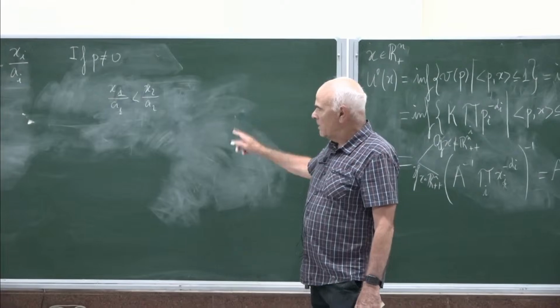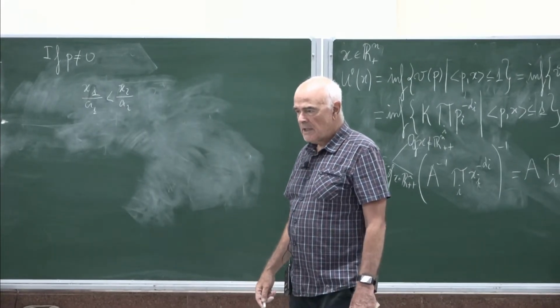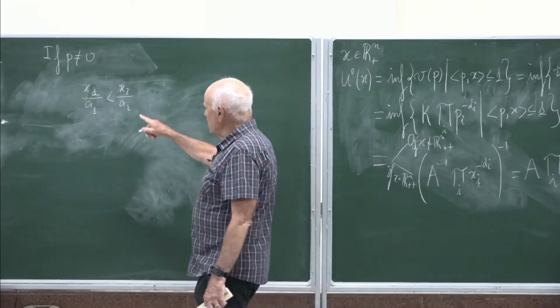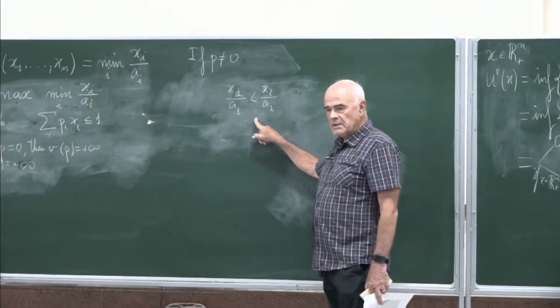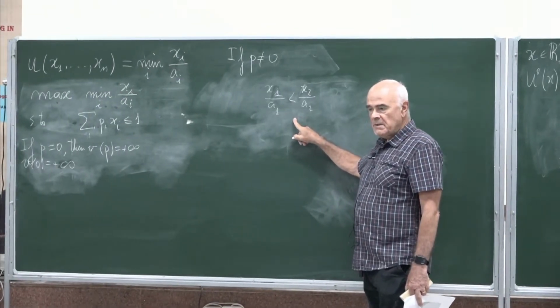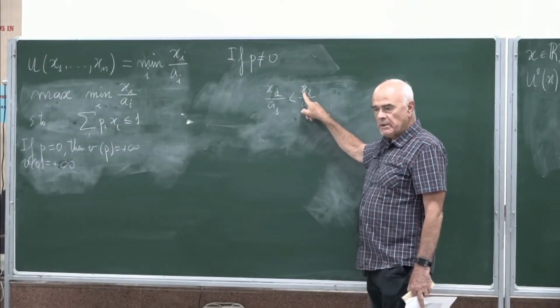I don't care what happens with the other xi. Then I will find a better solution than this one by simply changing the values of x1 and x2.